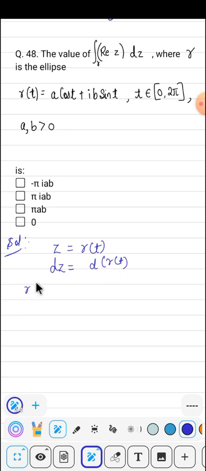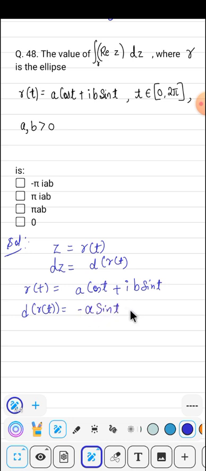Since r of t is a cos t plus i b sin t, d of r of t is equal to minus a sin t plus i b cos t dt, right?